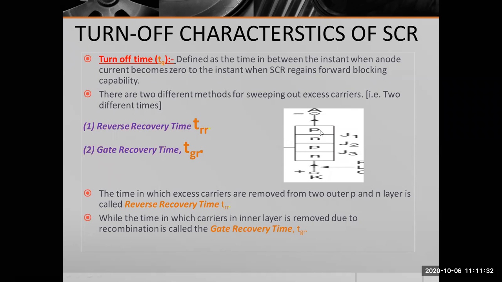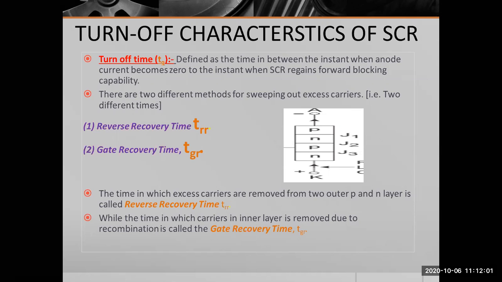The entire process, the complete turn off process, will be sped up. In other words, the turn off process time will be decreased, because due to the reverse voltage the excess charge carriers are removed very fast.